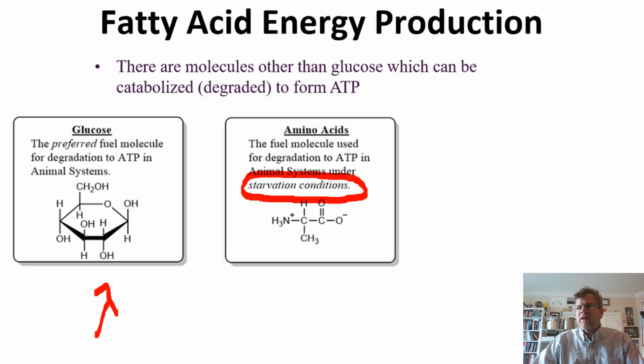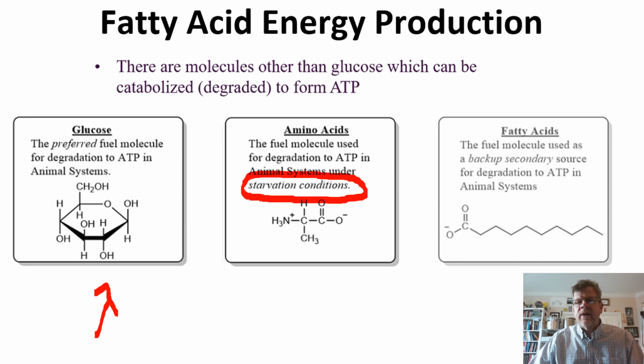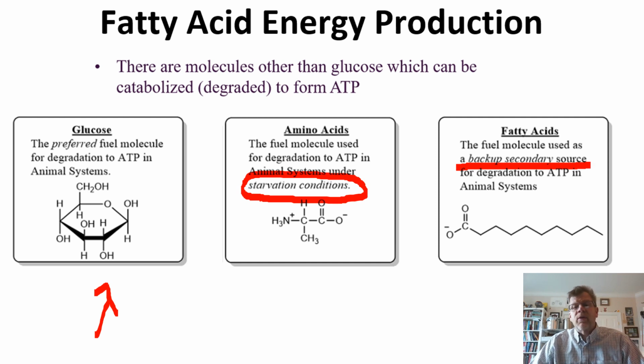Really, the sidekick or the secondary for energy production in animals are fats. So fats, as we know, are a store of energy, but the fatty acids, which make up triglycerides or fats, can be thought of as a backup, secondary source of a fuel molecule for degradation to ATP in animal systems.